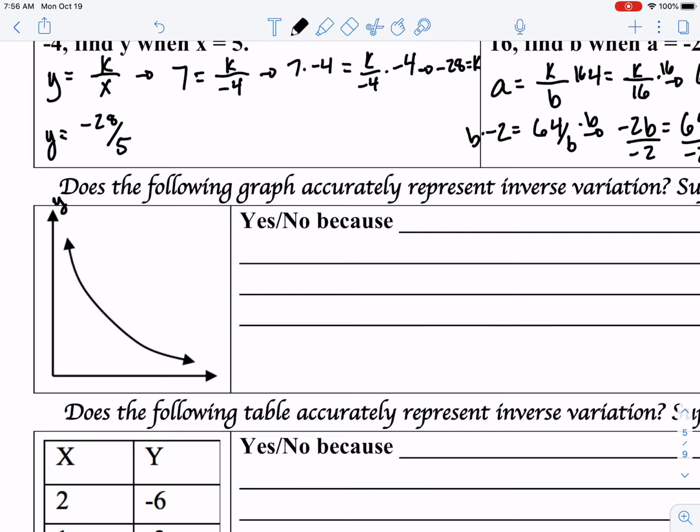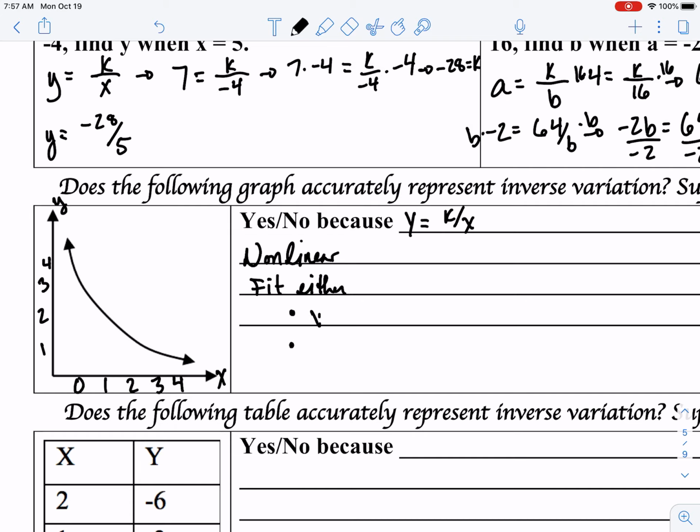Again, this is Y values and X values. If I think about these being numbers, does it fit the formula Y is equal to K over X? Is it nonlinear? And does it fit either one of these?